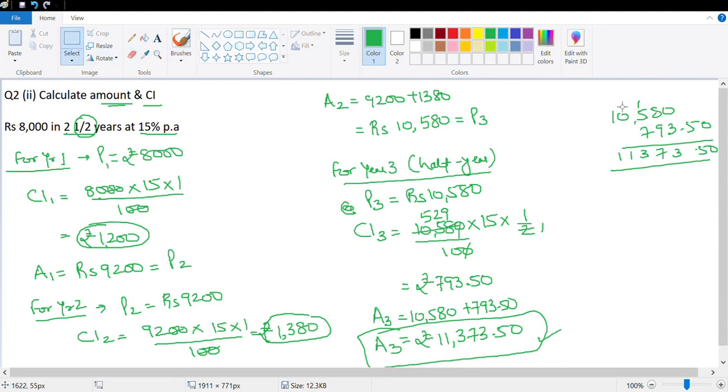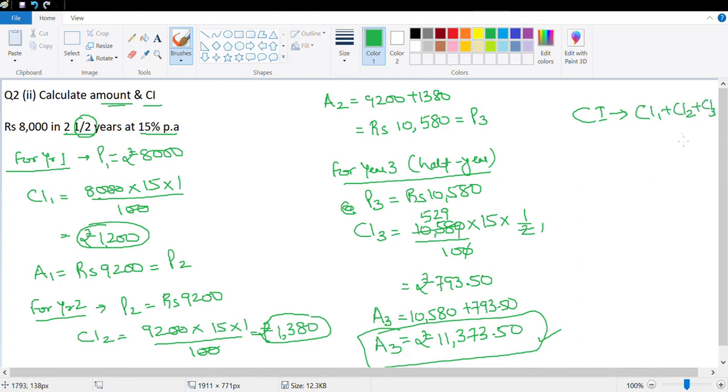This wants us to calculate compound interest. Now to calculate compound interest, you can use two methods. For compound interest, you can do compound interest 1 plus compound interest 2 plus compound interest 3. So in this case, you will have 1200 plus 1380 plus 793.5.